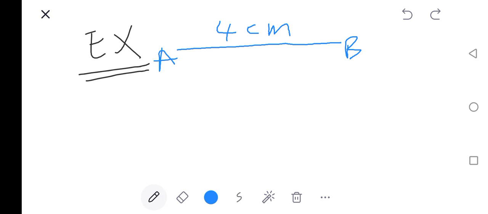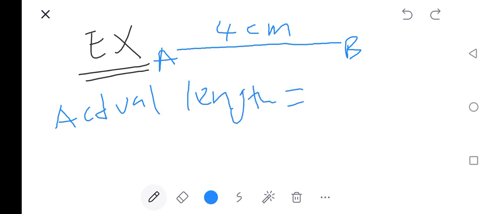That's the actual length. The actual length of this line AB is equal to 4 centimeters.